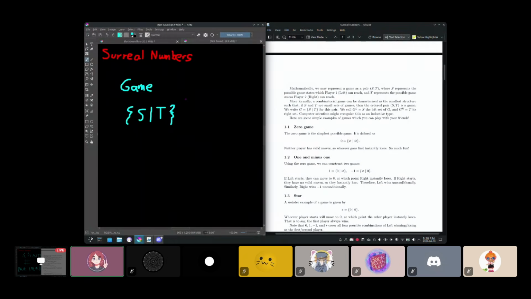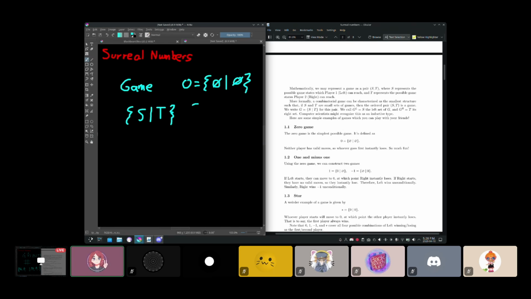To give examples of games, we're going to do that in just a bit. But for example, we can take S and T to be the empty set, since we haven't built any games yet. That's all we could do. And we get this game, which we're going to call 0. Again, I'm going to go into more detail on this in a bit.